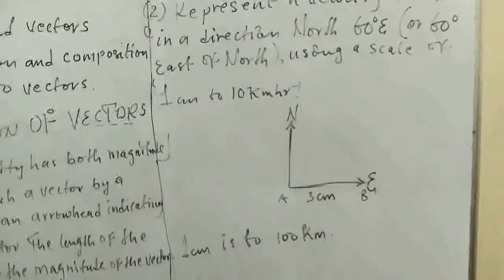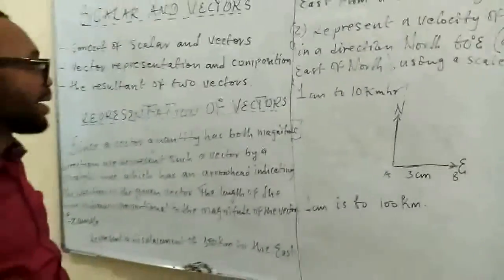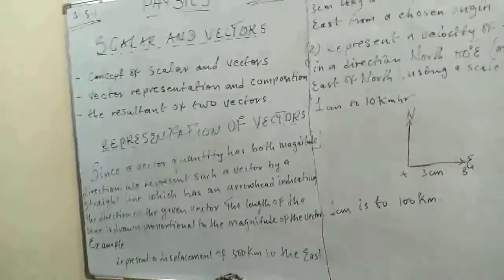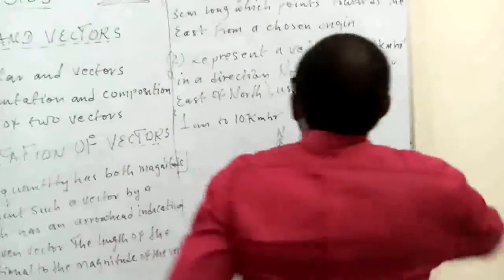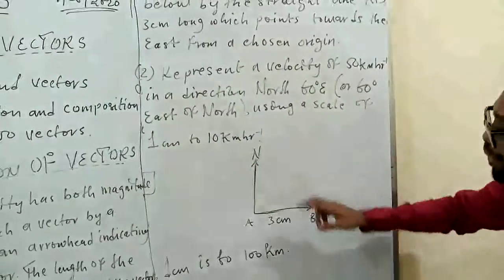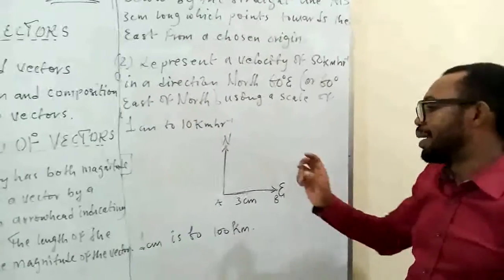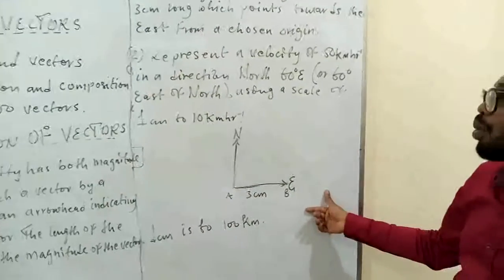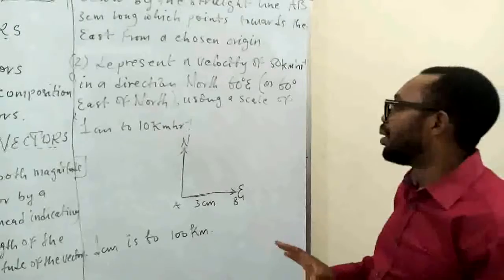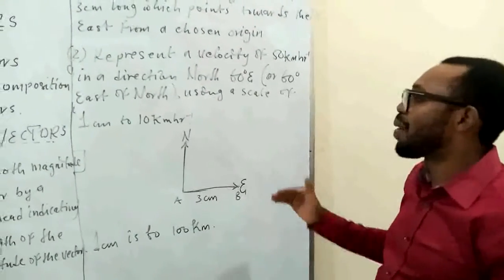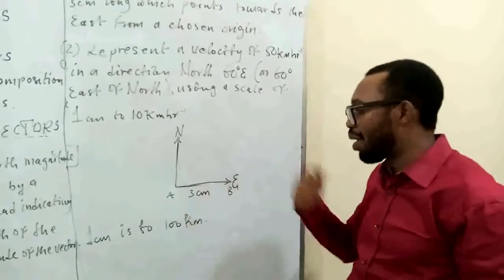How do you represent that? First of all, you have to draw a compass that shows the North Pole, the South Pole, the West and the East Pole. Once you are able to locate those points, then it becomes very easy to represent the direction and the magnitude of the vector.